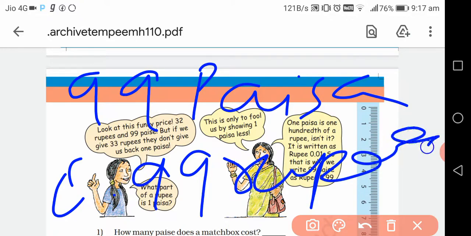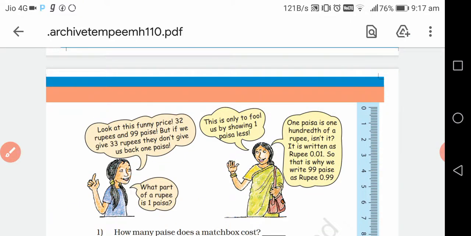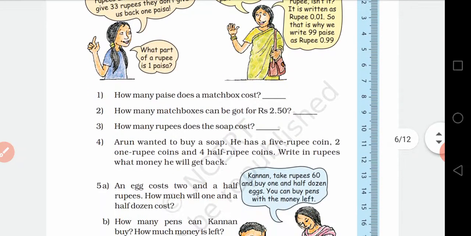Okay, 1 paisa is 1/100th of a rupee, isn't it? It is written as rupee 0.01. So that is why we write 99 paisa as rupee 0.99.